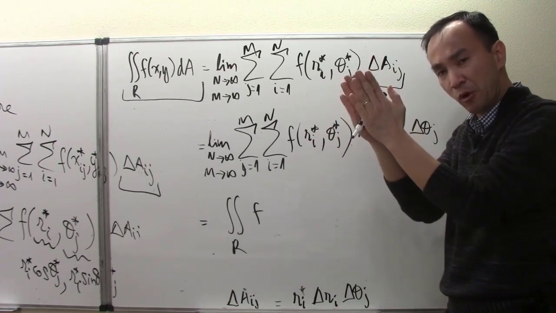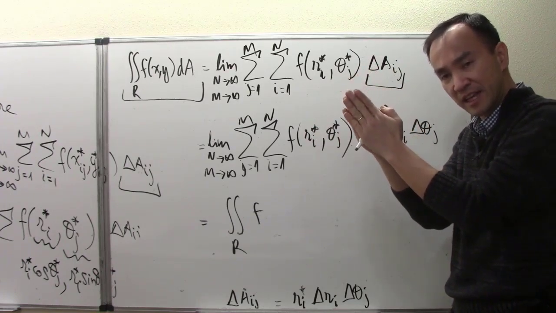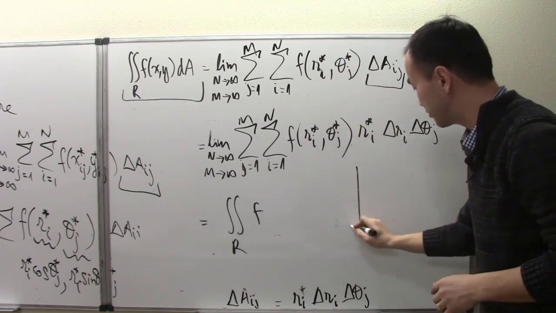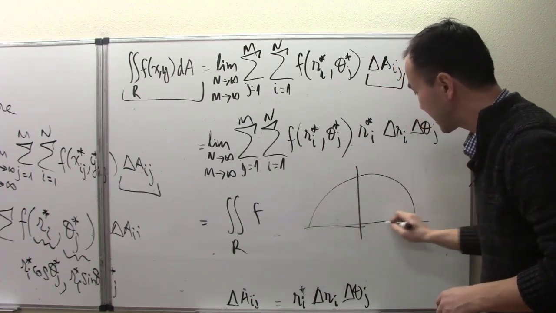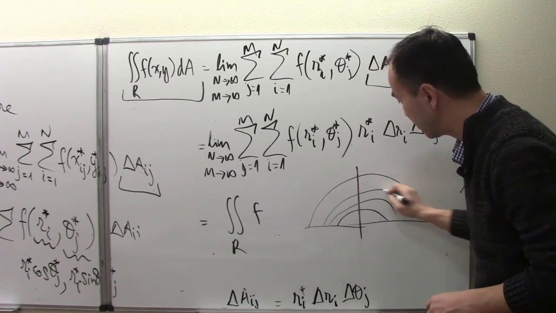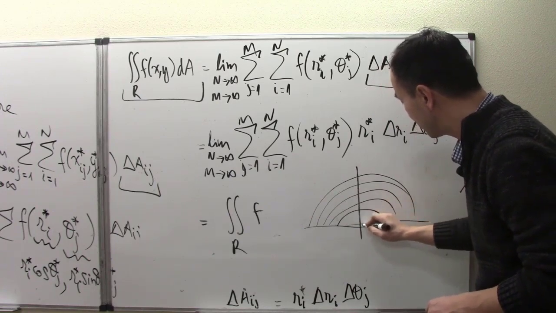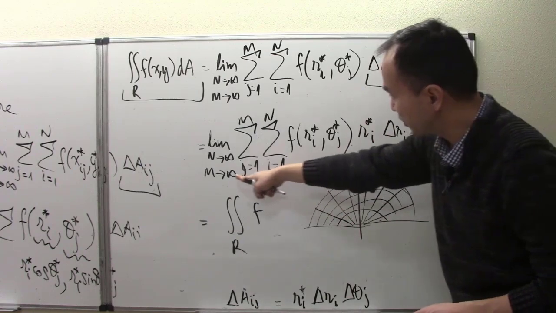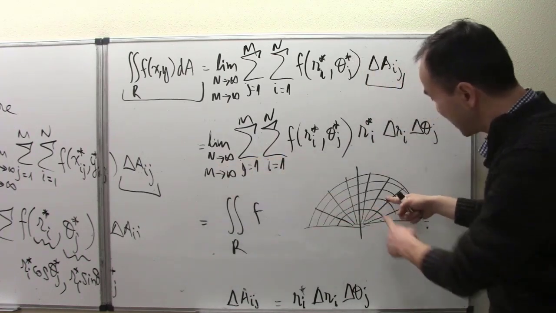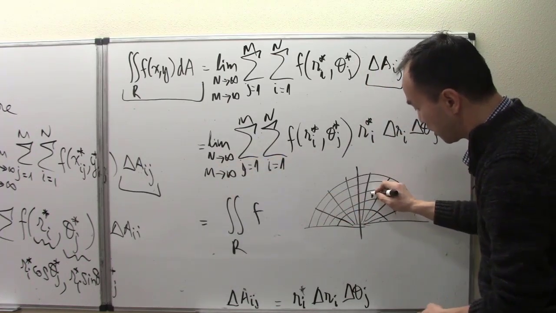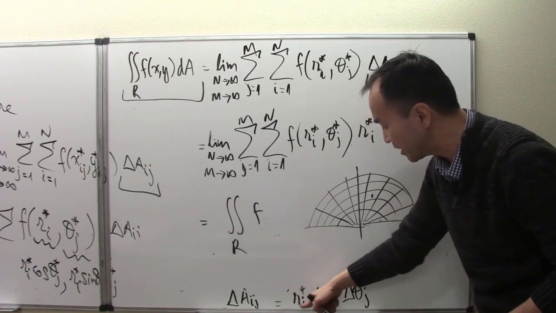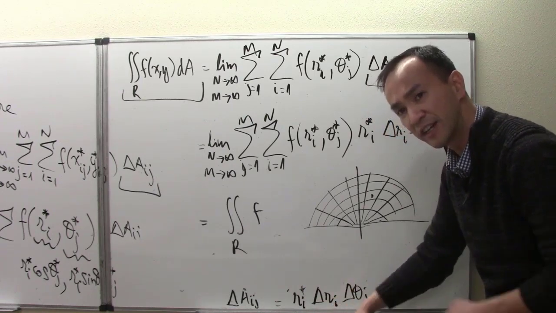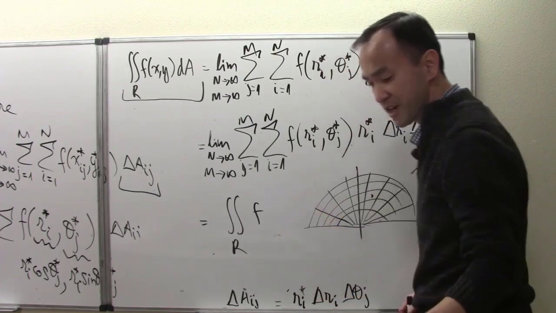We keep breaking it into smaller delta theta and smaller delta r. So from a picture like we had earlier, now we want a lot more. And that's why as we keep letting m and n go to infinity, each one of these subpartitions gets so small that there's no difference between r_i star and r_i anymore.